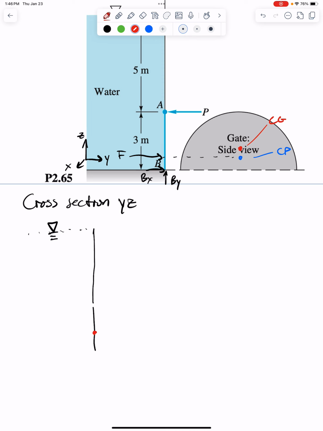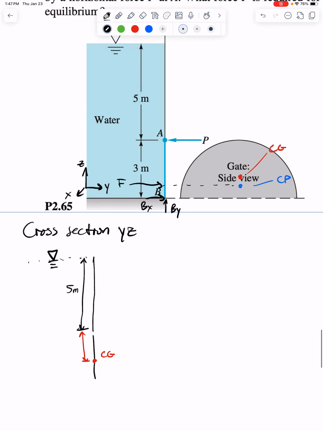Where's the center of this circle? So, I know that before I get to the gate, there's 5 meters of fluid height sitting above. How do I find the remaining value, essentially, is what I'm saying.